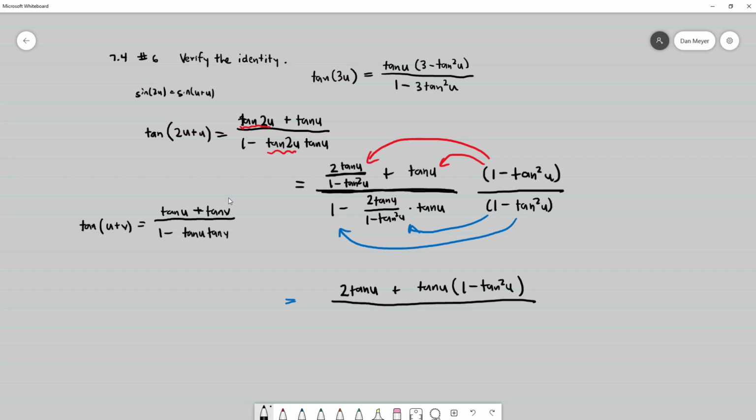On bottom, the 1 minus tangent squared u times 1 gives me 1 minus tangent squared u, minus, when we distribute on the second term here, we get some cancellation. We're just left with 2 tan u times tan u. This denominator gets canceled out. Then it looks like we have some simplification to do.